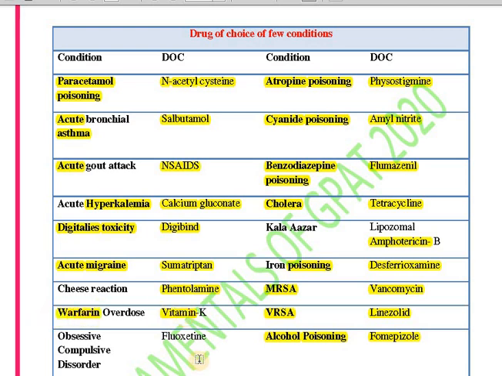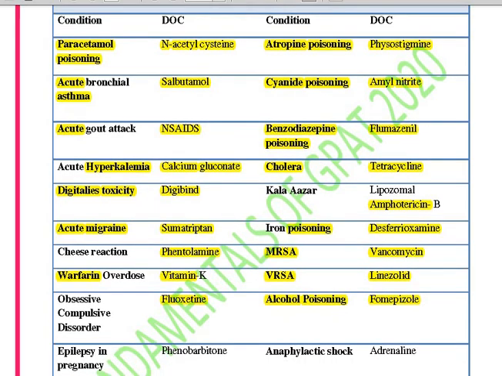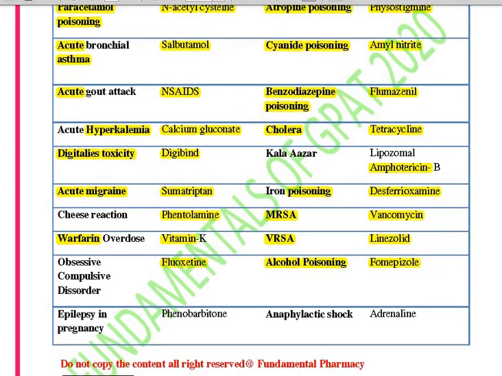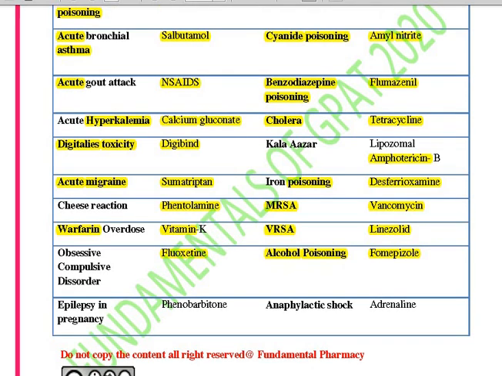Okay, then fluoxetine is a selective serotonin reuptake inhibitor. You must remember it is an antidepressant and it is a drug of choice in case of obsessive compulsive disorders. Fluoxetine is a drug of choice. And drug of choice in case of epilepsy in pregnancy is phenobarbital.